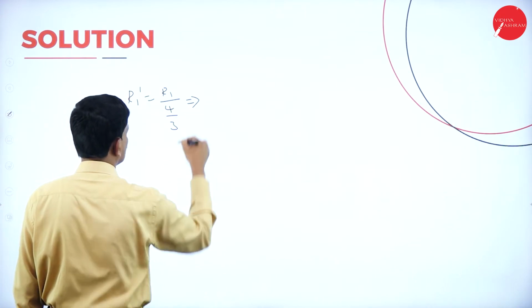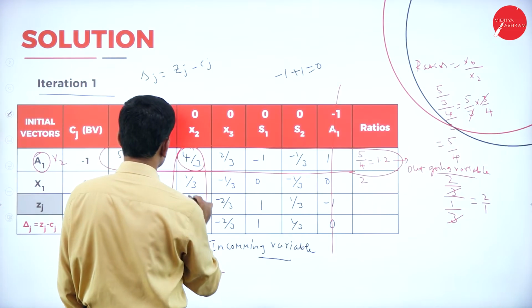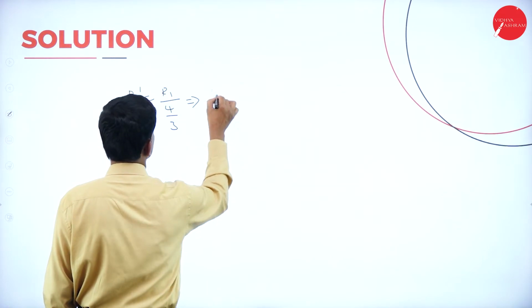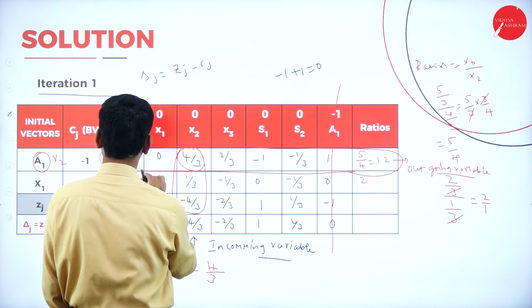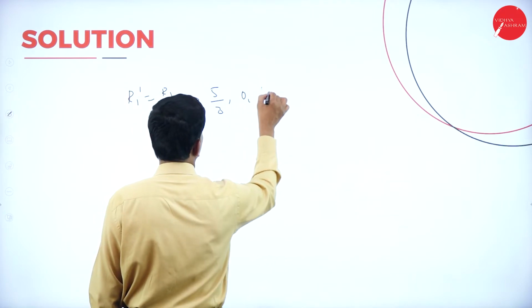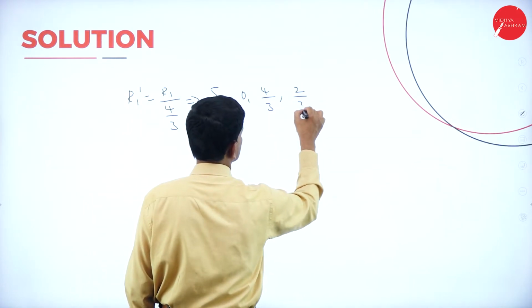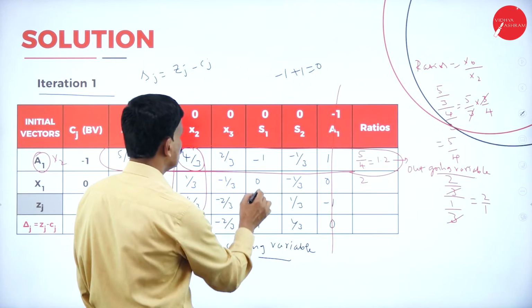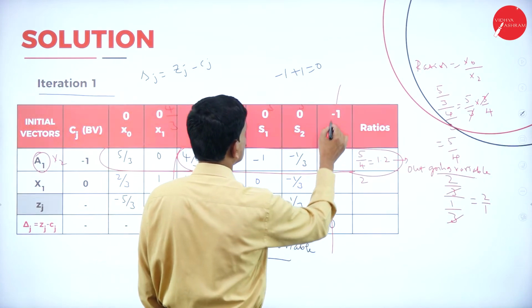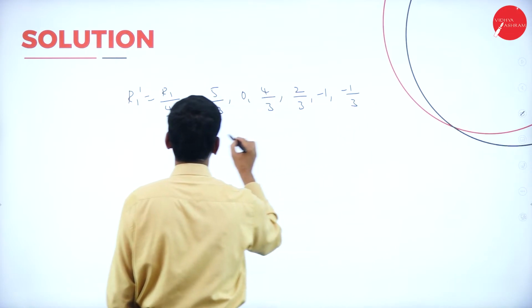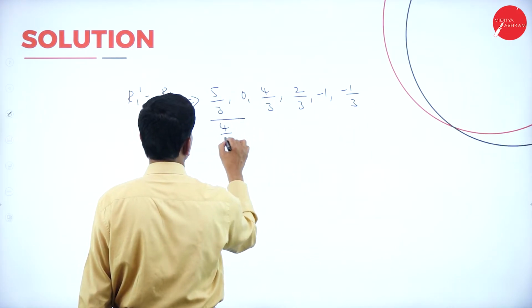So that is equal to, what are the elements here? We have 5 by 3, 0, 4 by 3, 2 by 3, minus 1, minus 1, minus 1 by 3. Now divide each and every element by 4 by 3.